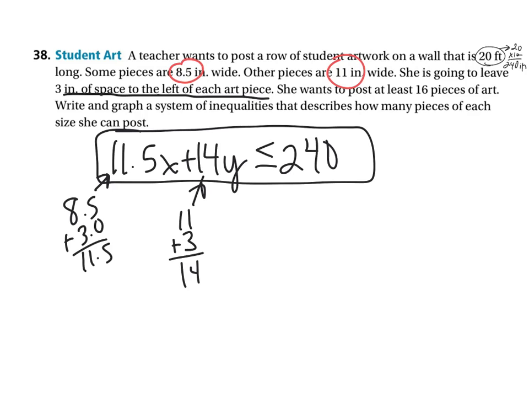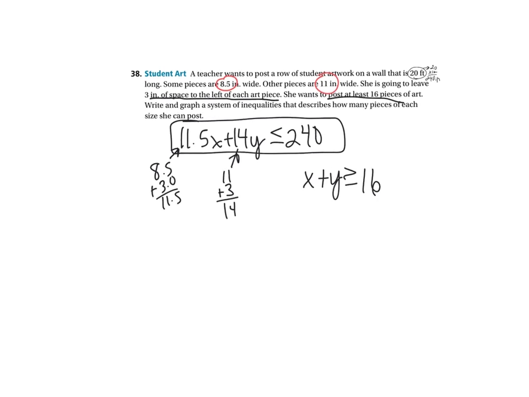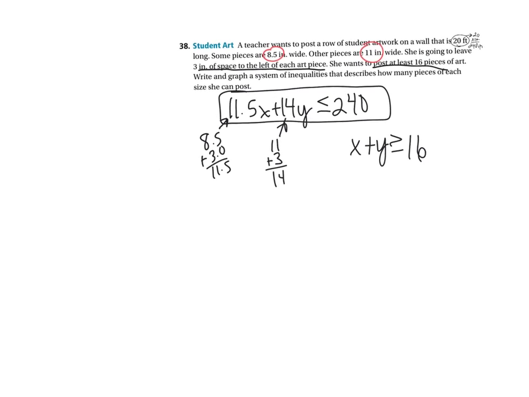The other thing is she's going to post at least 16 pieces of art, so x plus y is greater than or equal to 16. So for graphing, if you use intercepts for this one, that's 0, 16, and 16, 0.